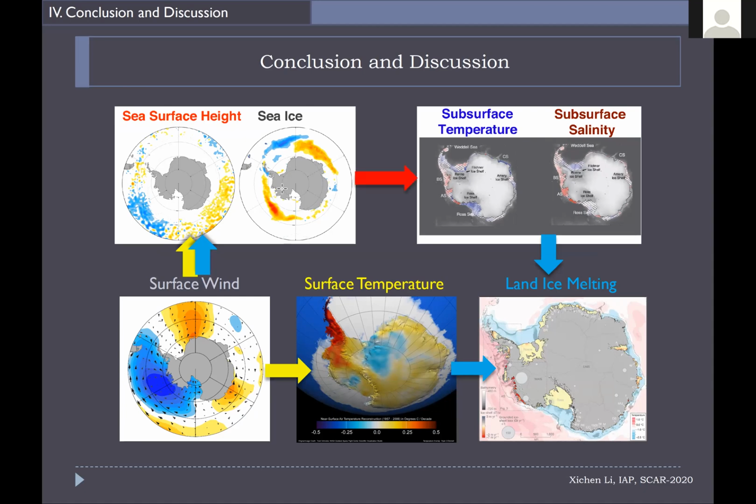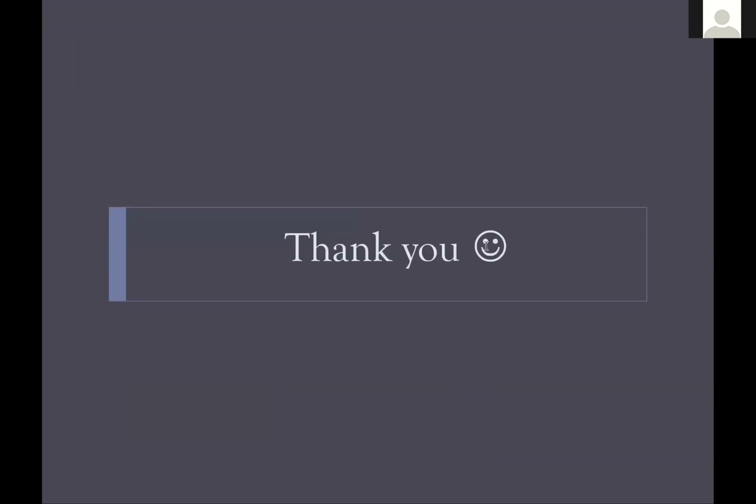In this study, based on the ocean and sea ice model simulation, we find that the wind-driven sea ice changes and circulation changes may also contribute to the subsurface temperature changes and may further contribute to land ice melting. So these zonal asymmetry changes could be tightly linked to each other. That's the whole presentation. Thank you so much.